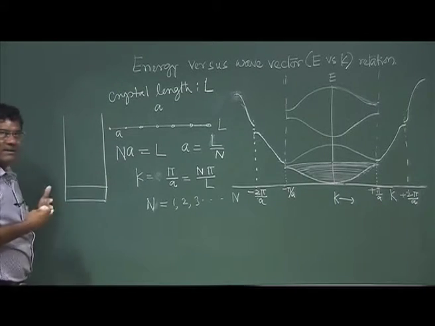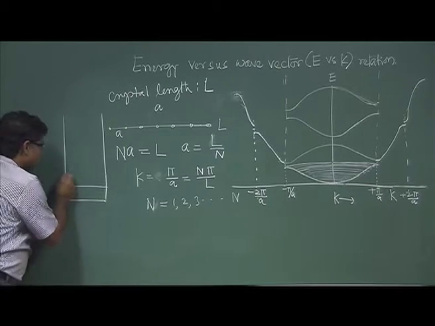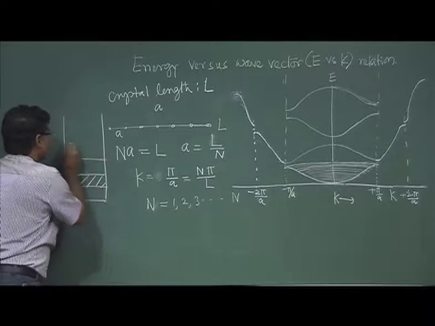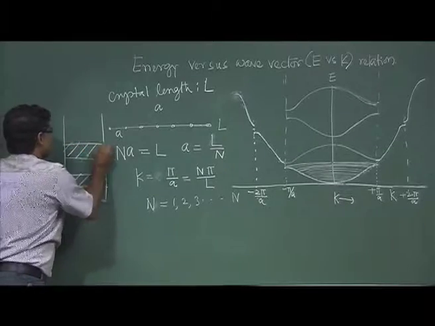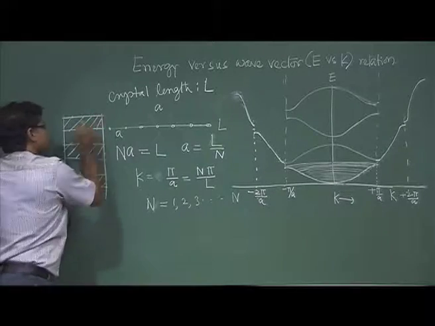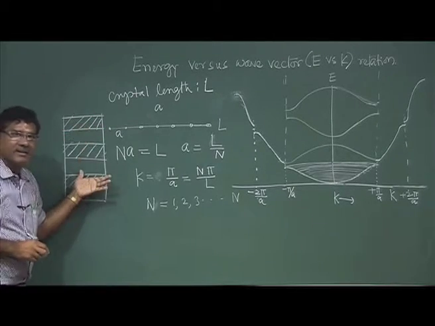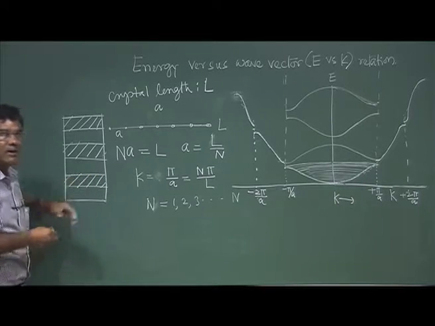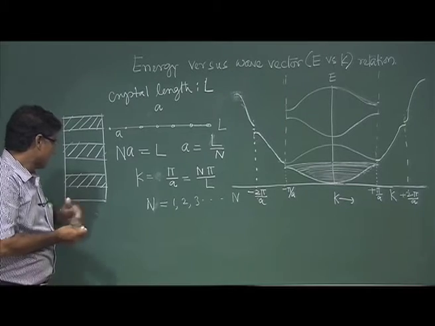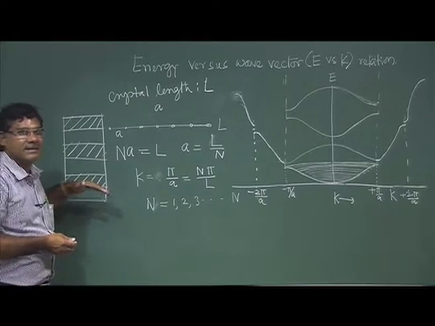So in a periodic lattice, in a crystal, we are having the band, right. Now, for an infinite crystal, this band has continuous energy, there is no discreteness.